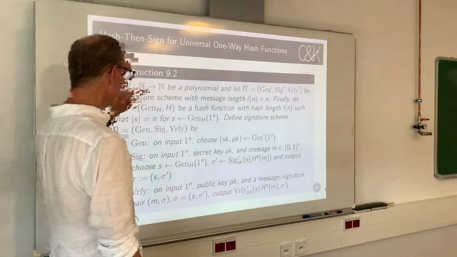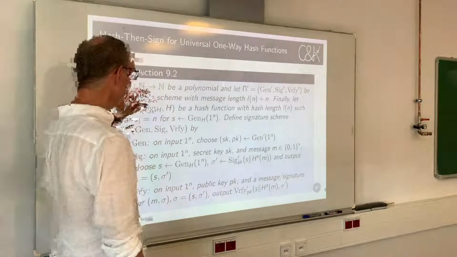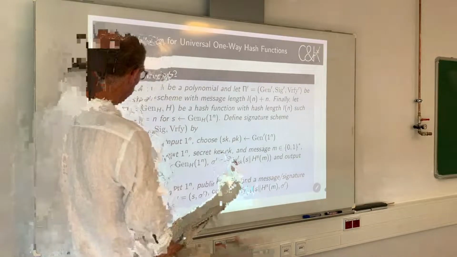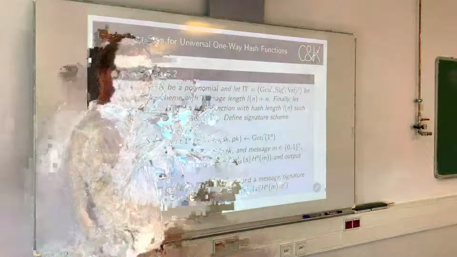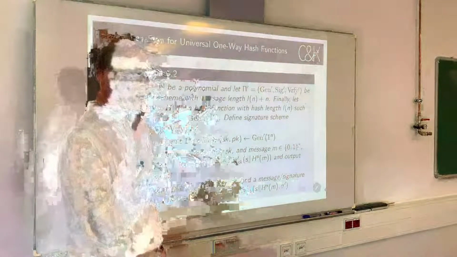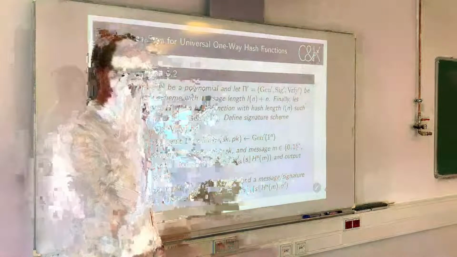Okay, so let L be a polynomial, let pi prime consisting of these three algorithms, gen prime, sign prime, verify prime, be a signature scheme with message length L of n plus n. So we can sign messages of length L of n plus n.